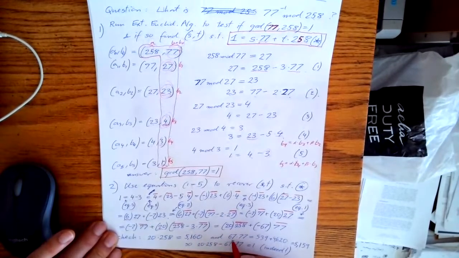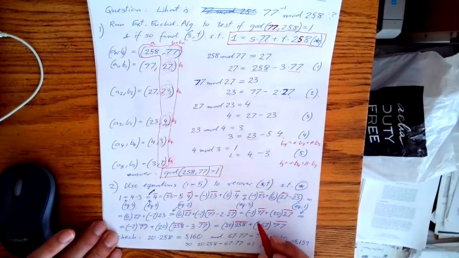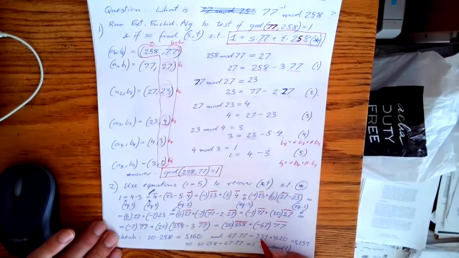What about this? This is 67 times 77. I think this is 77 times 7, right? 49, 4 carry, and again 49 plus 4, that's 53.